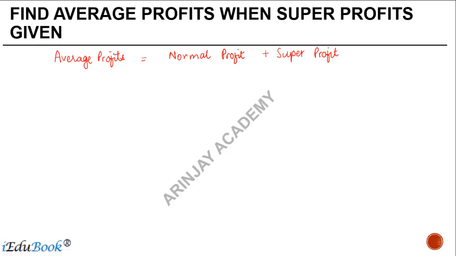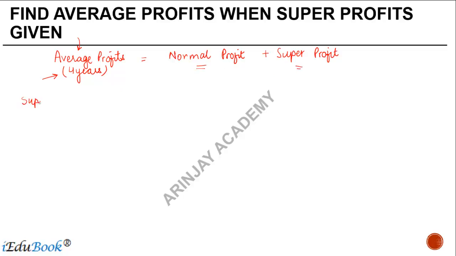So average profits for 4 years is what I need to find out. But what I need to know first is how much is the average profit. If I know that, then I can find out for 4 years. So let's find out these two variables.